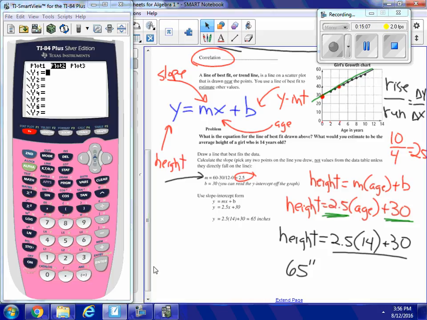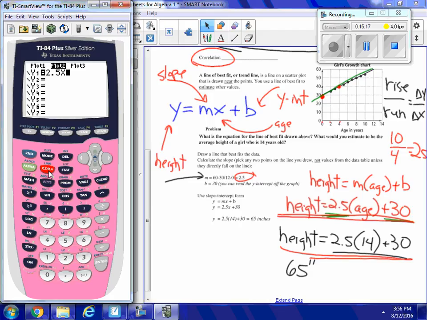I want it to have this equation right here. So y equals, plus 30. And now I'm going to go graph, and what do you know? It draws the line, and it looks like it goes through my points very closely. It looks like a line of best fit.